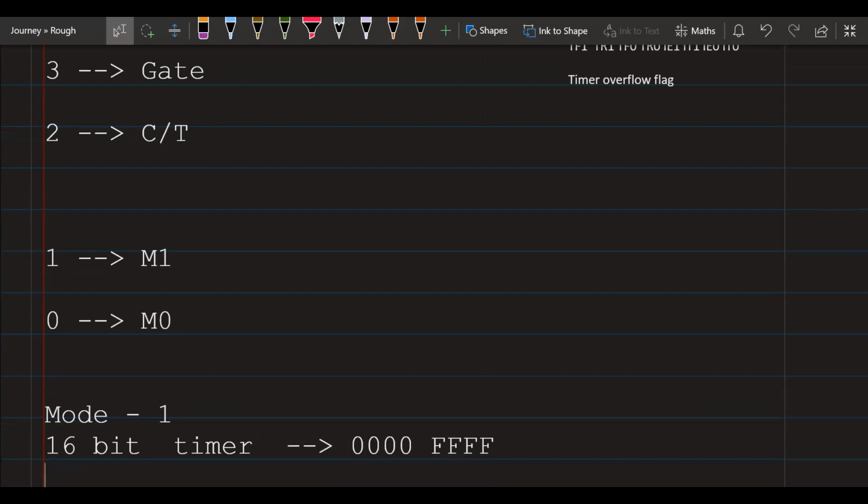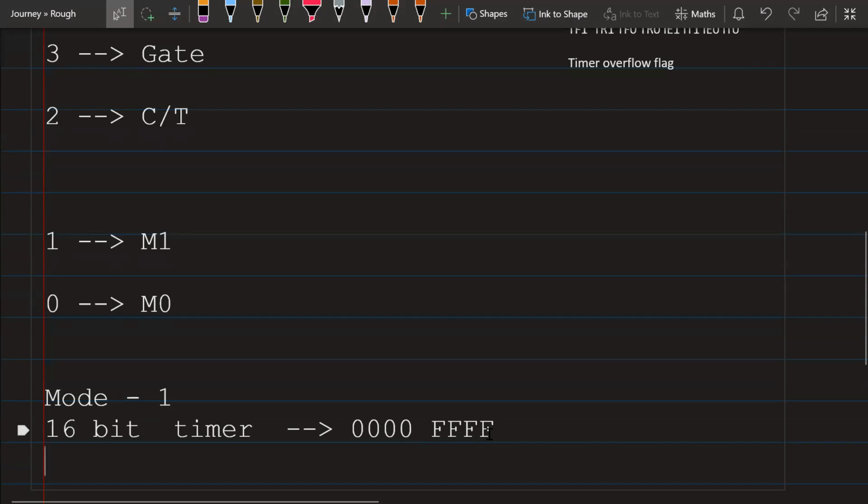Whenever we want to load some initial value, I am counting from 0000 to FFFF, so it takes that many counts to reach the maximum. We saw that overflow flag TF1: whenever TF1 toggles, it means I have reached that count.